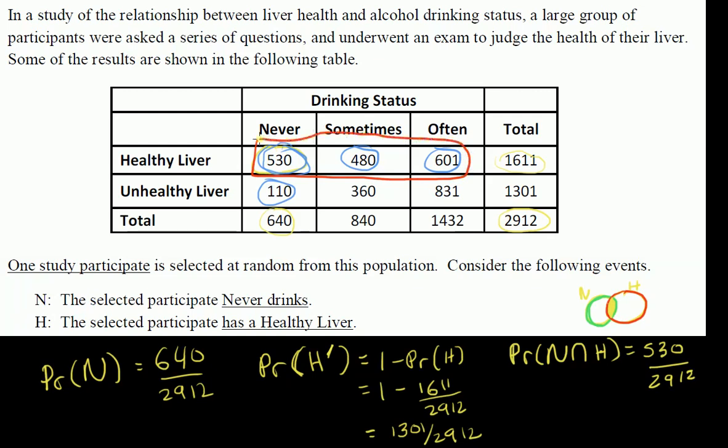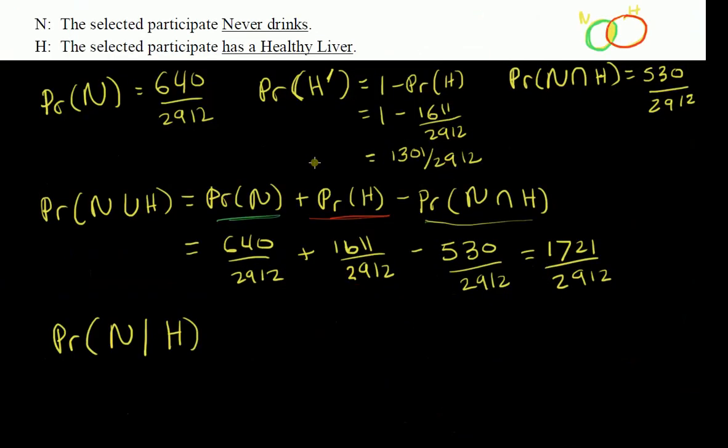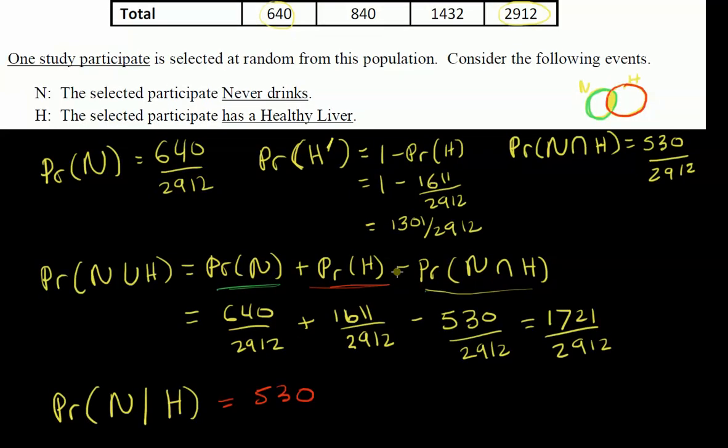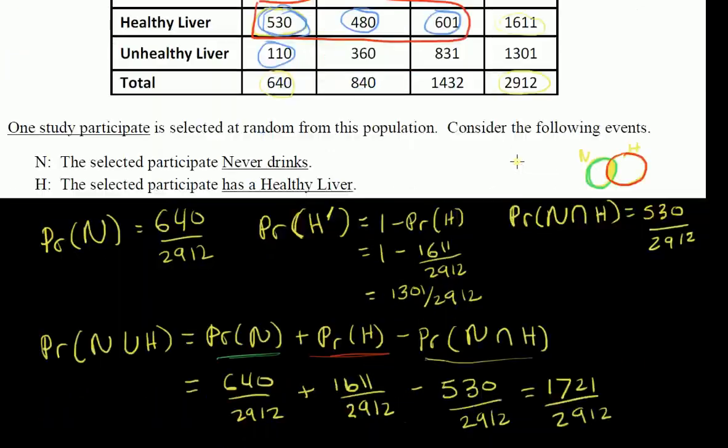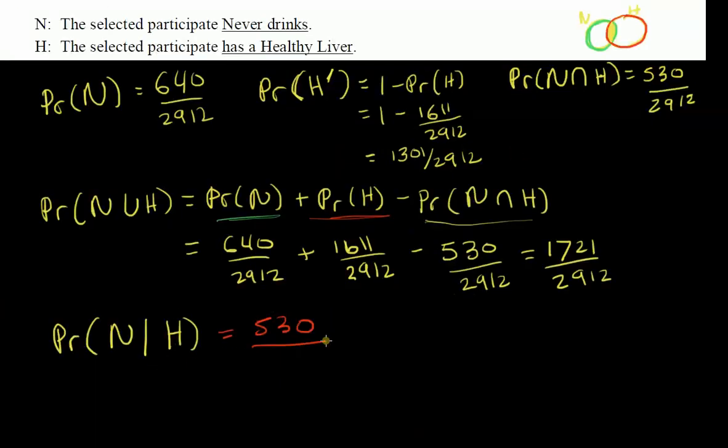You belong to this group that I just circled in red. What's the probability of never drinking in this group? There's 530 people who never drink in that group, out of how many people total in that group? 1611. So there you go.